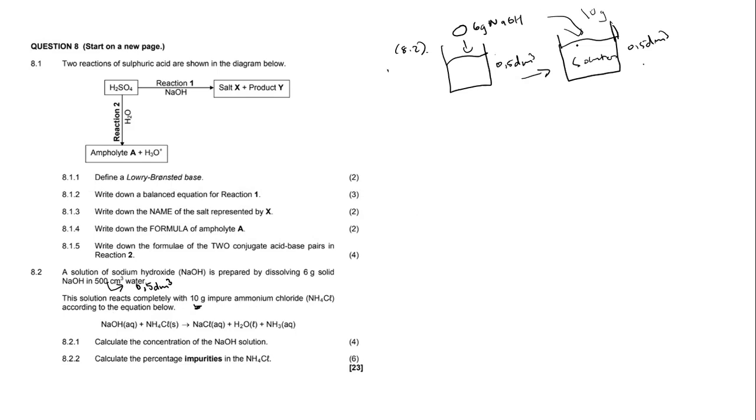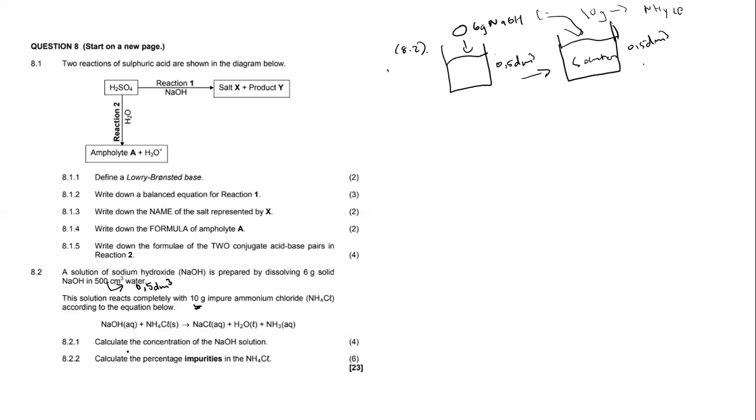So we're gonna add 10 grams of impure ammonium chloride, which is NH4Cl, in this solution of sodium hydroxide. According to the equation, this is the reaction that's going to take place inside of this beaker. So that means sodium hydroxide will react with this ammonium chloride to form this and that and that.